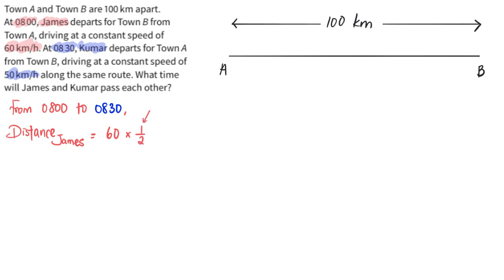Okay, 30 minutes equals half an hour. So this one will be 30 kilometers.